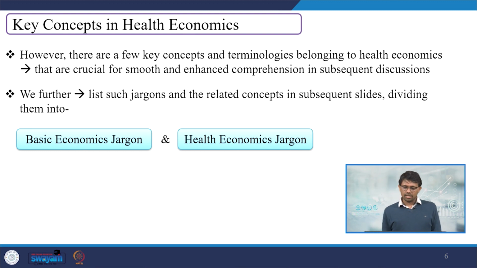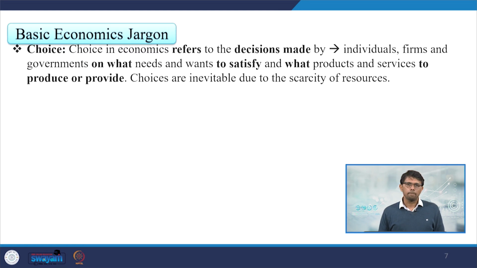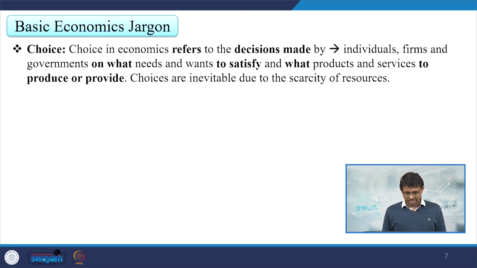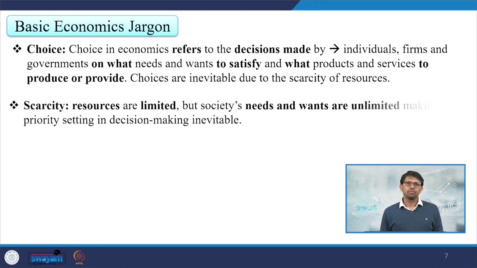We have used jargons and broadly let us divide them into basic economics jargon and health economics jargon. Choices, in basic terms, refer to the decisions made by individuals, firms, and government on what needs and wants to satisfy, and what products and services to produce or provide. Choices are inevitable due to the scarcity of resources.